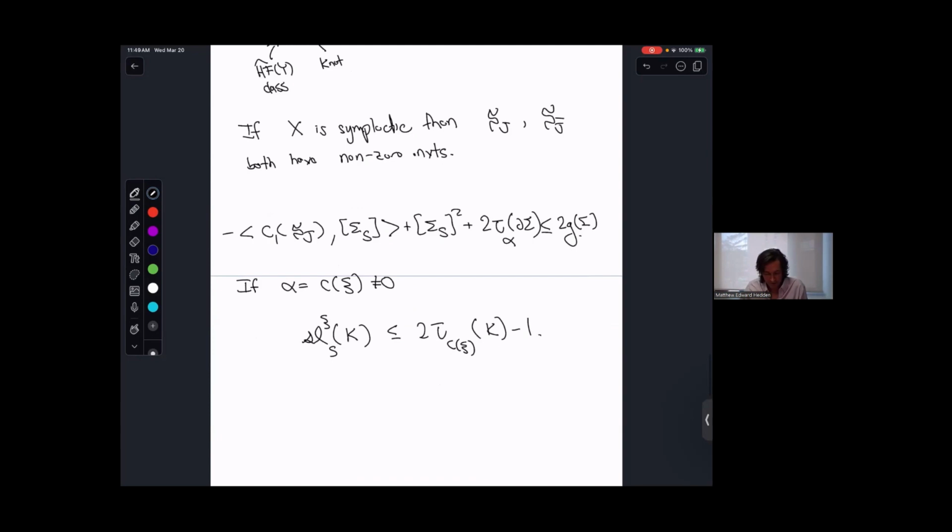So this is like a relative Thurston-Bennequin type bound for self-linkings of transverse knots in contact manifolds.